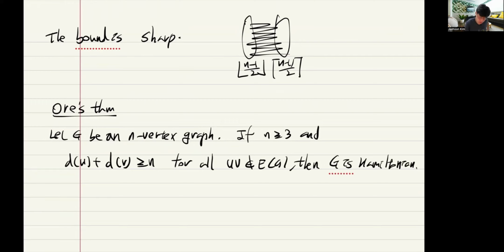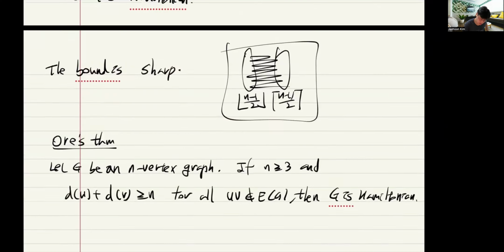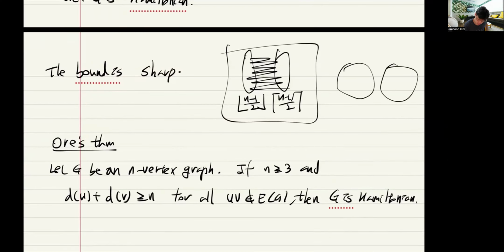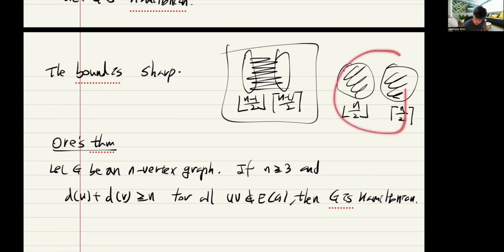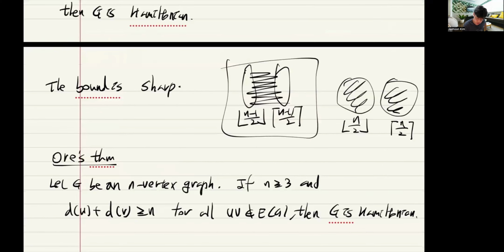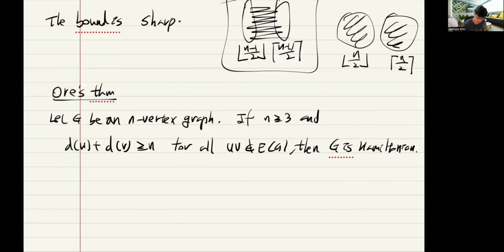So again, this is sharp by the same example here. Or, there is another example. You have two complete graphs, of sizes n over 2 floor and n over 2 ceiling, and this is not connected. So this doesn't contain a Hamilton cycle. And this is another example showing that the bound is sharp. If you replace it with n minus 1, this is no longer true.